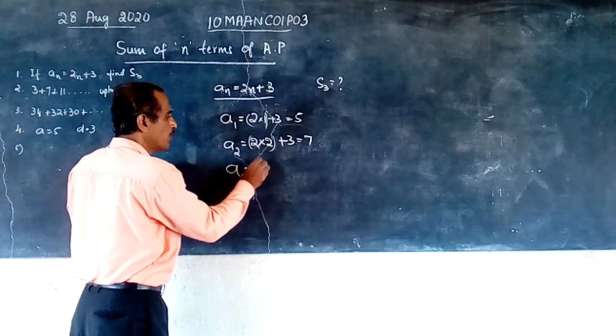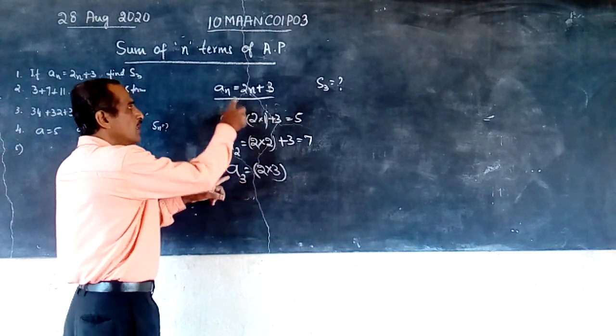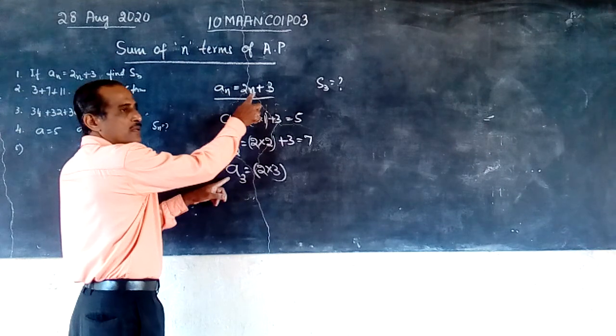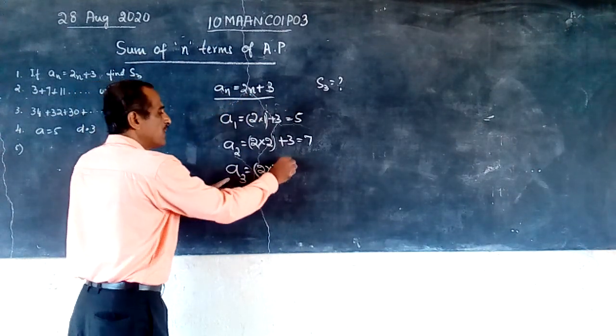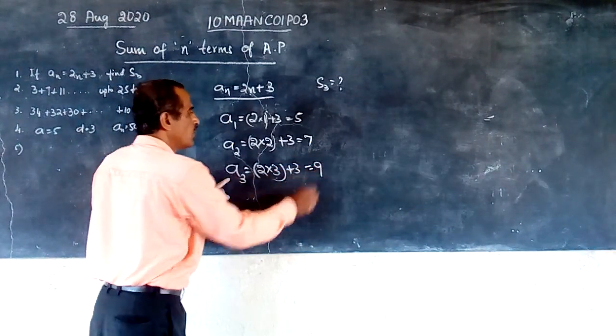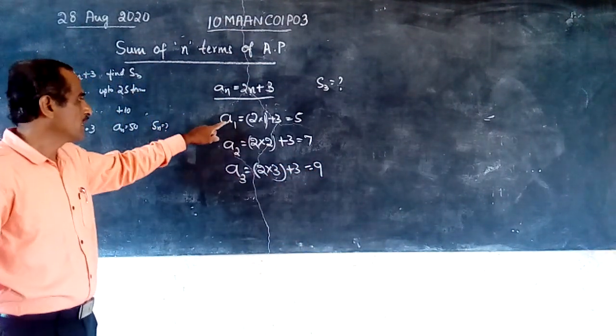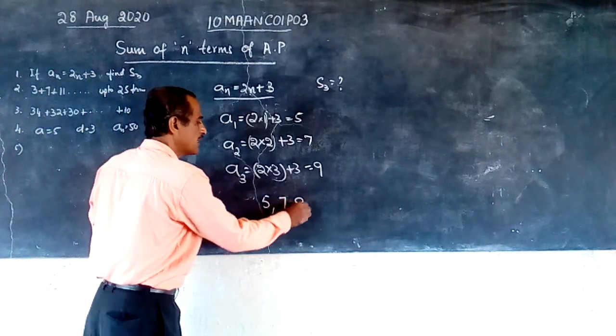A3: n is equal to 3, so 2 into 3 plus 3. 2 into 3 is 6, 6 plus 3 is 9. So the first 3 terms are 5, 7, 9.